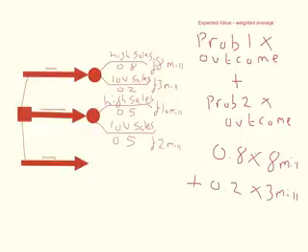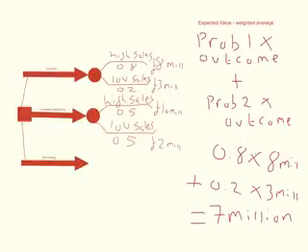So in this case it would be 7 million. So the 7 million is known as the expected value, so the weighted average of this decision.